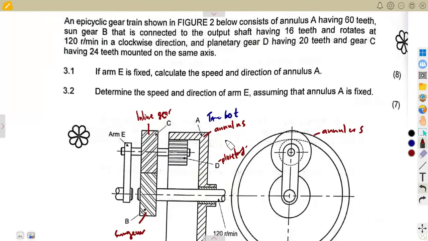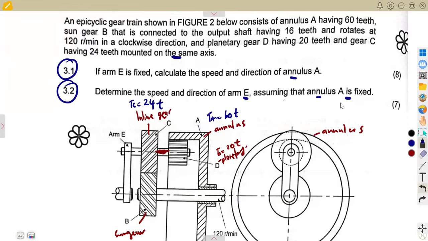So the planetary gear, which is TD, is 20 teeth, which is in line with gear C. They are connected together, and gear C has 24 teeth on the same axis. 3.1: if arm E is fixed, calculate the speed and direction of the annulus A, and also determine the speed and rotation of arm E, assuming that the annulus is fixed.